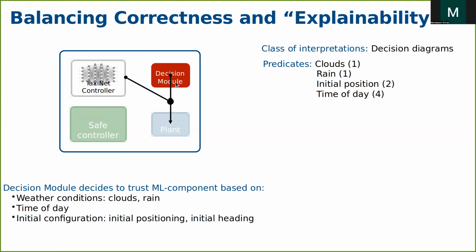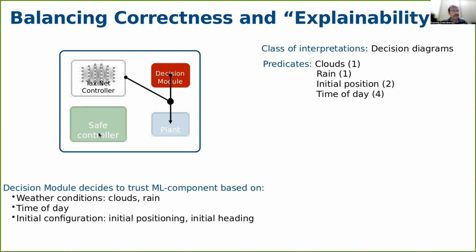We're just trying to figure out what this decision module was doing, given that we want to come up with an explanation of its decisions based on these features and predicates on these features. We want to understand how it is switching, when does it switch from one to the other. But the safe controller, whether it is given or not given, of course, it has to be given in the real system.